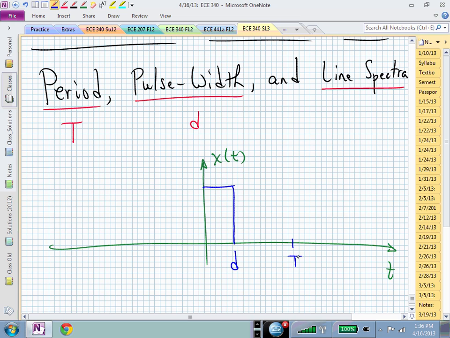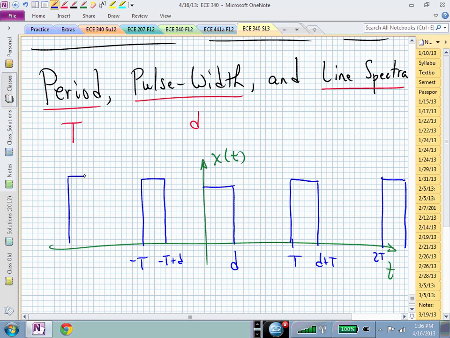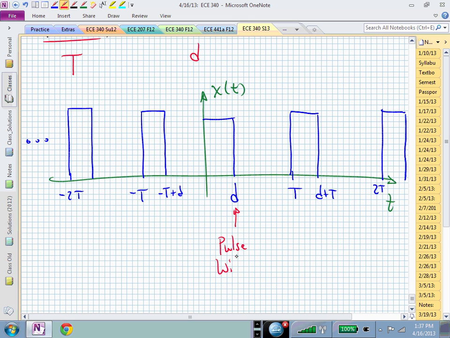Then it's going to shut off, turn back on every capital T. That's the period of this waveform. D is the width of the pulse, and T is how often it repeats.